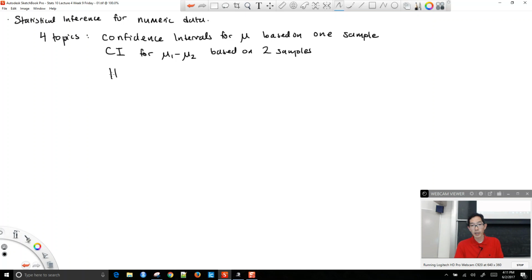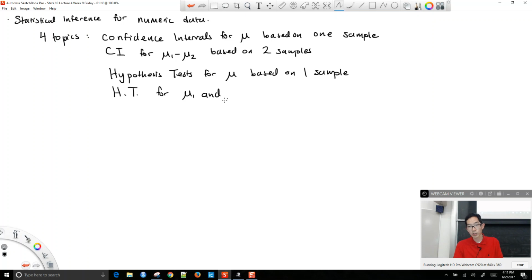And then we will have hypothesis tests for mu based on 1 sample, and hypothesis tests for mu1 and mu2 based on 2 samples. They're all listed for you on your table of formulas. And today we'll get through the confidence interval ones.